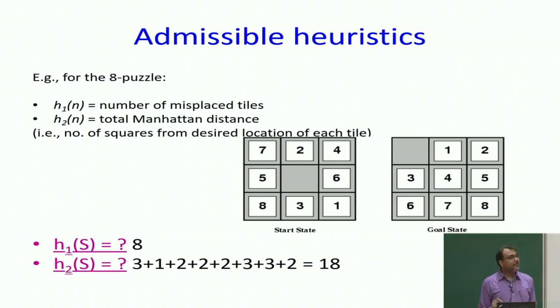Good. Now, let us think about this. In H1, what are we relaxing? We can only swap with the neighbors. So, if I allowed my tiles to fly, but I was still only swapping with gaps, what will be the optimal solution here?